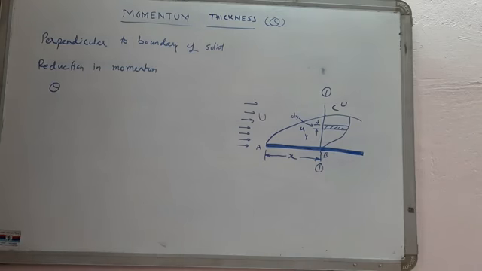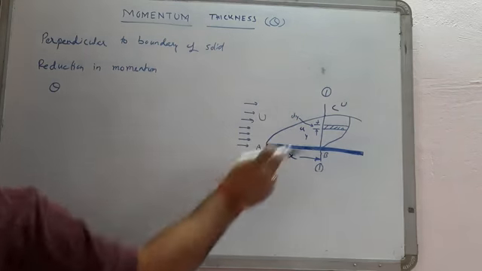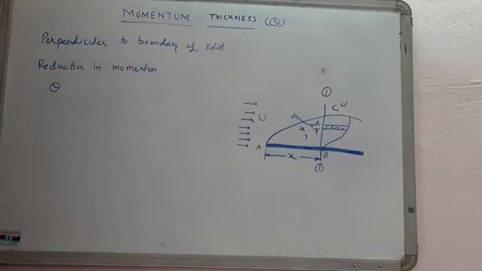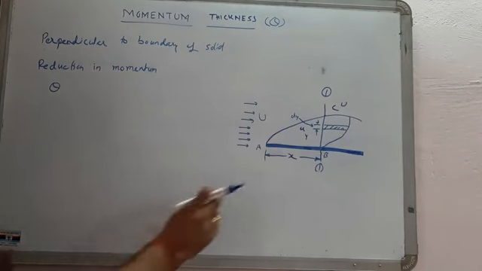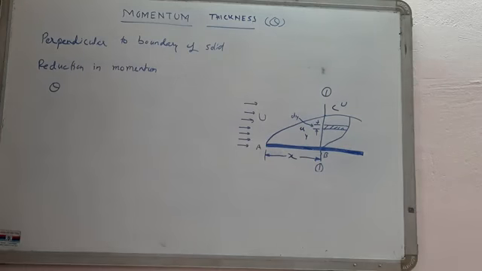Consider the flow over a plate as shown in the figure. Consider section 1-1 at a distance x from the leading edge. Take an elementary strip at distance y from the plate having thickness dy. The mass of fluid flowing per second through this elementary strip is given by equation 1 and is equal to rho u b dy.